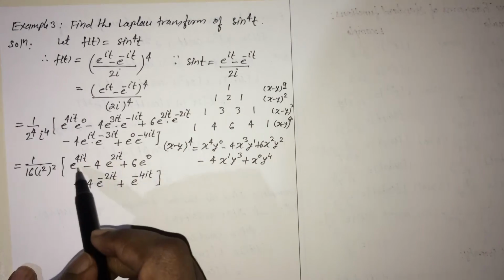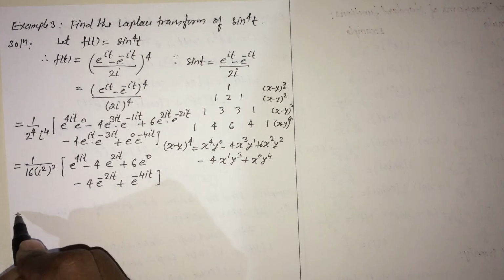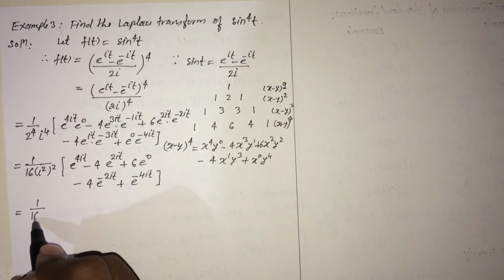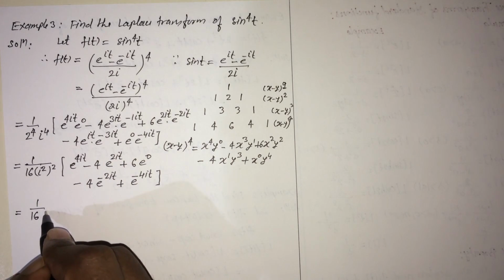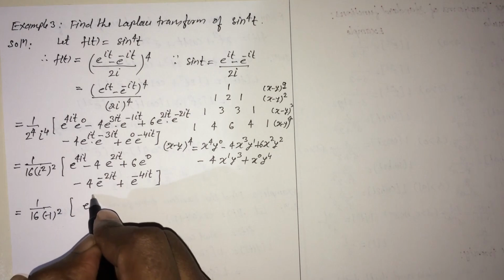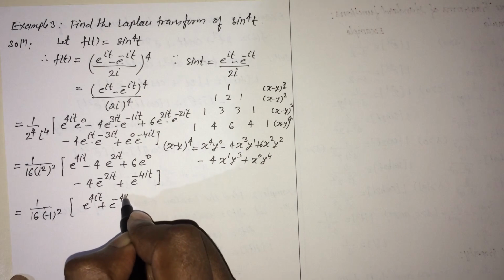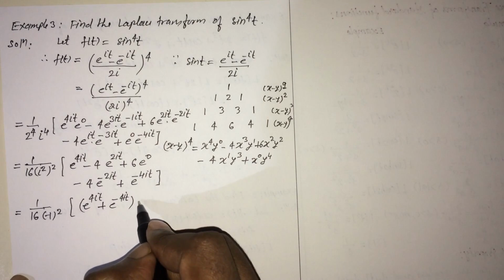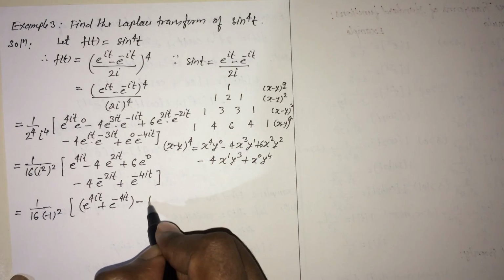Now simplify this. See here we have e^(4it) and e^(−4it). We write them together, 1 upon 16. See here i^2 is minus 1, so this is (−1)^2, and we write here e^(4it) plus e^(−4it) in one bracket, and I am taking the minus sign common from these two terms, so minus 4 as a common.